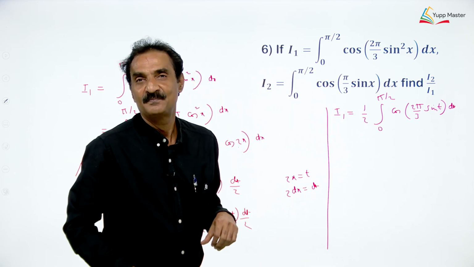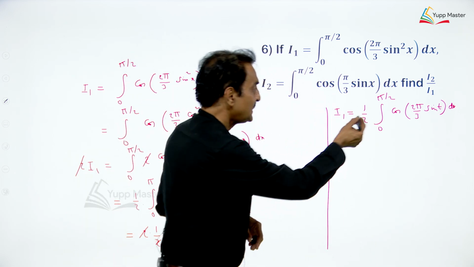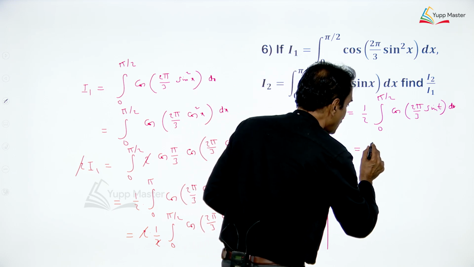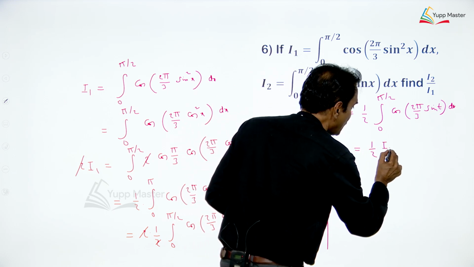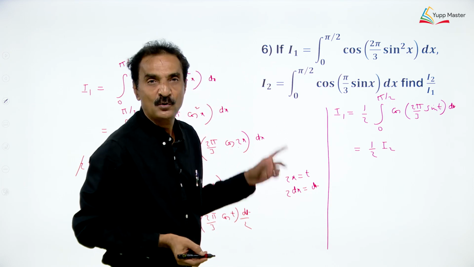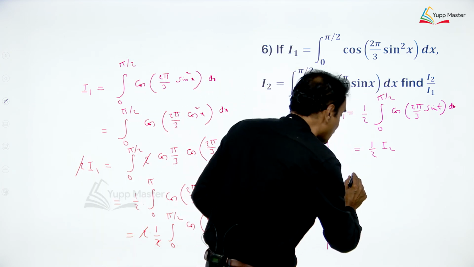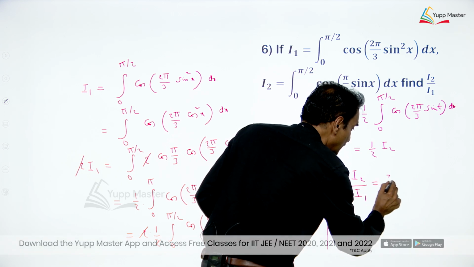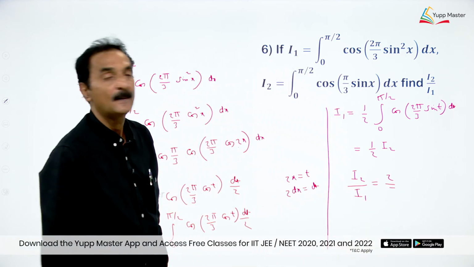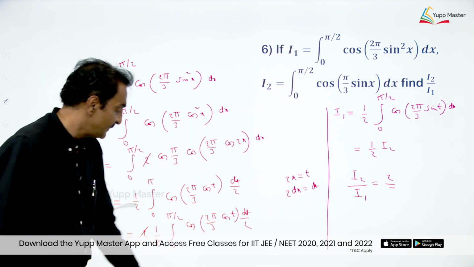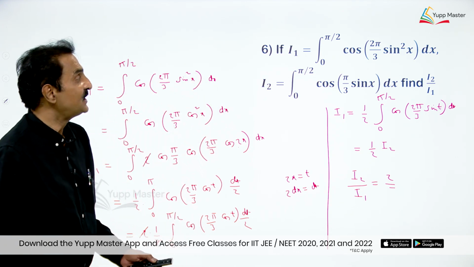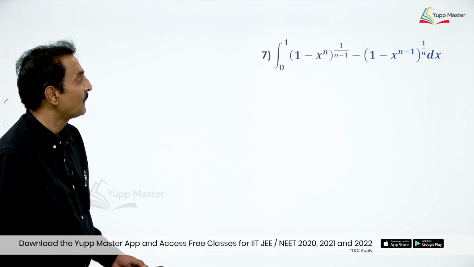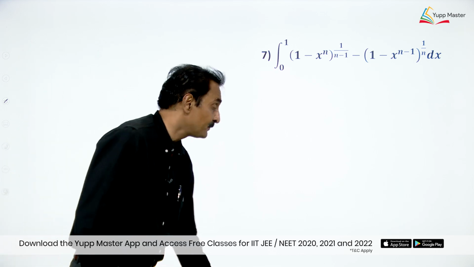This is I2. This is I2. So, it is equal to half into I2. So, what is the value of I2 by I1? It is 2. Okay. Next question. Yeah, very good question.